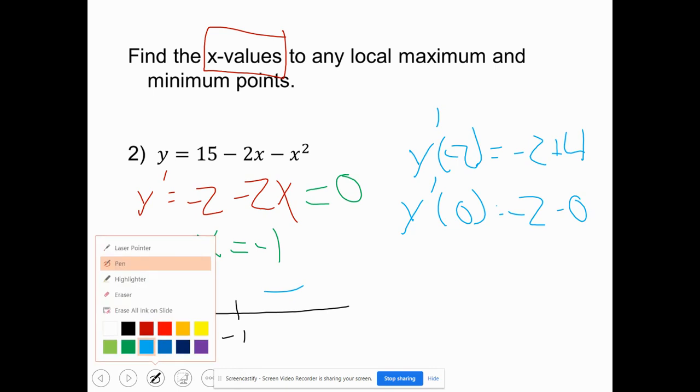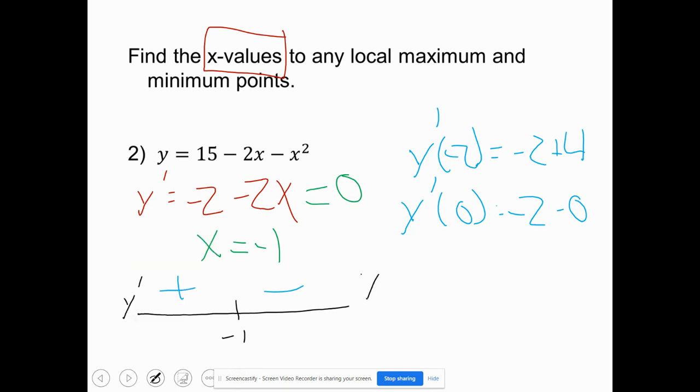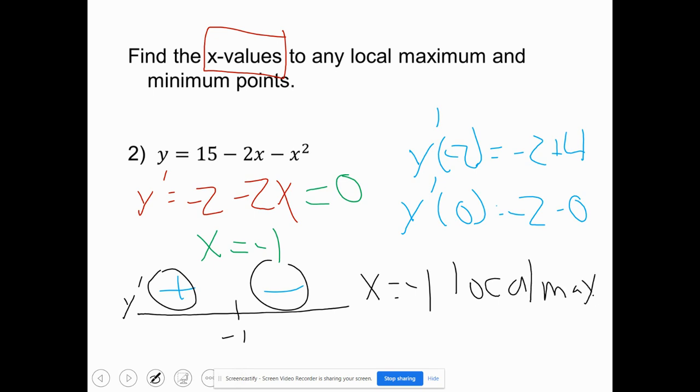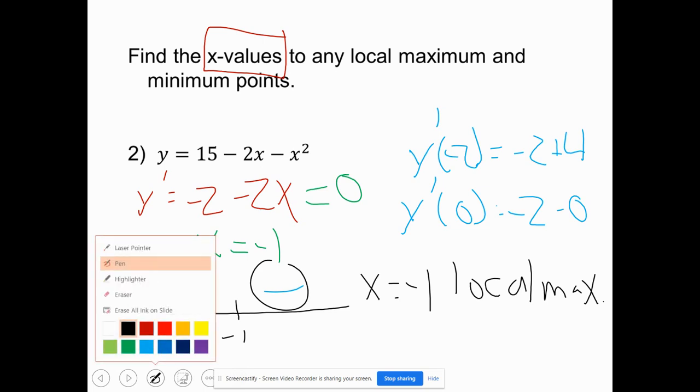So what occurred at x equals -1 if you went from positive slopes to negative slopes? This would be an example of a local maximum point. Why? Because the slope changed from plus to minus at x equals -1. Now, this should make sense.